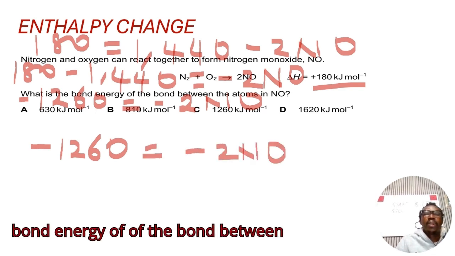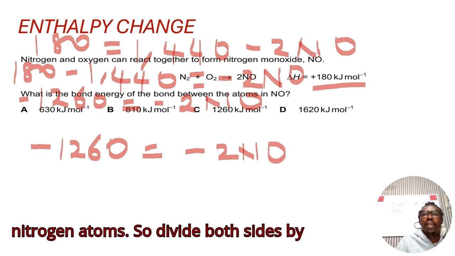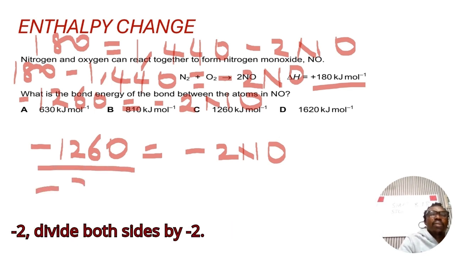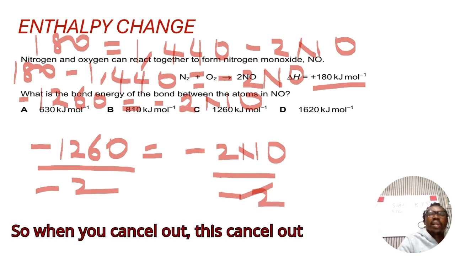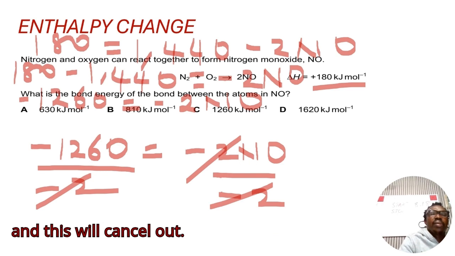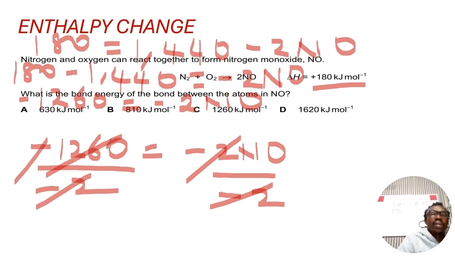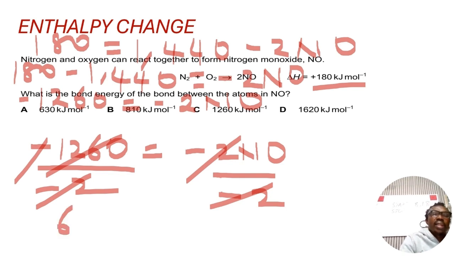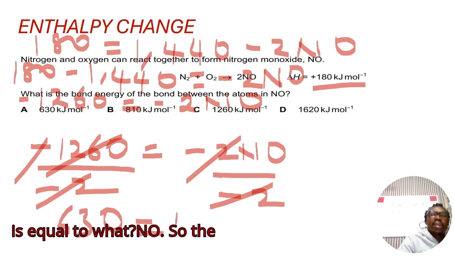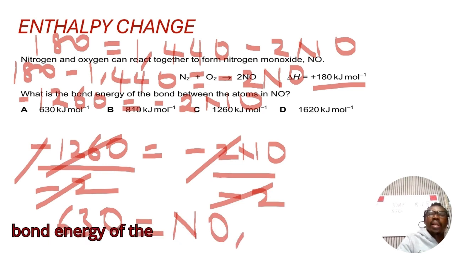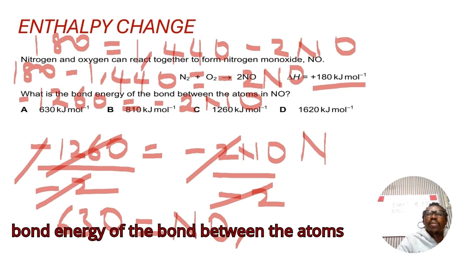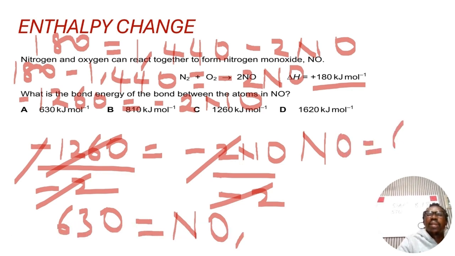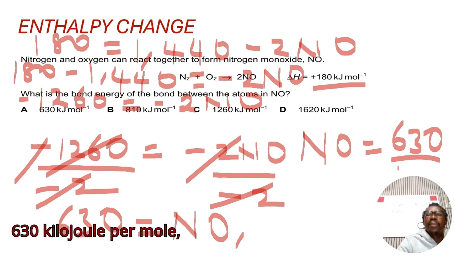We want to find the bond energy of the bond between the atoms in NO. So divide both sides by minus 2, and the minus signs cancel out. Divided by 2, you have 630 is equal to NO. So the bond energy of the bond between the atoms of NO will be equal to 630 kilojoule per mole.